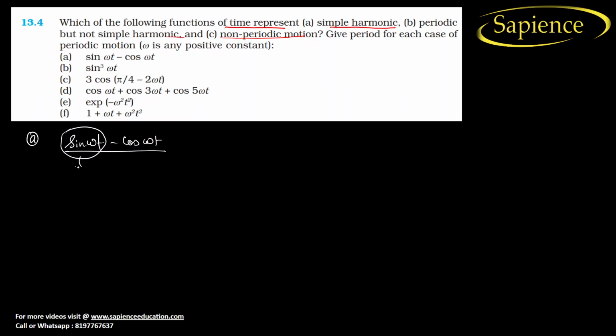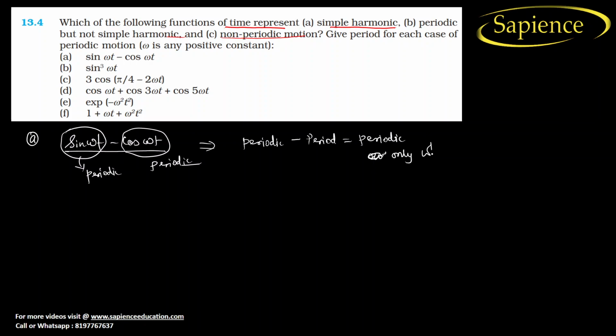Since we know that sine omega t is periodic, cos omega t is periodic, and periodic minus periodic will be periodic only when the frequency is the same.